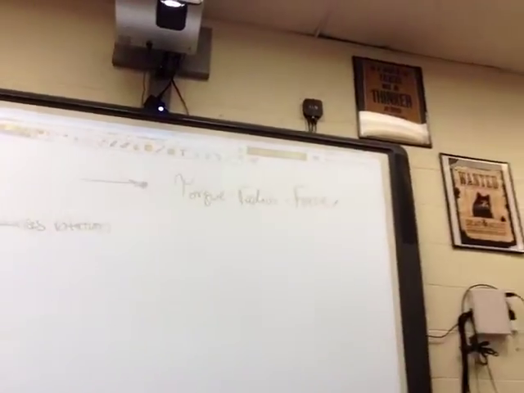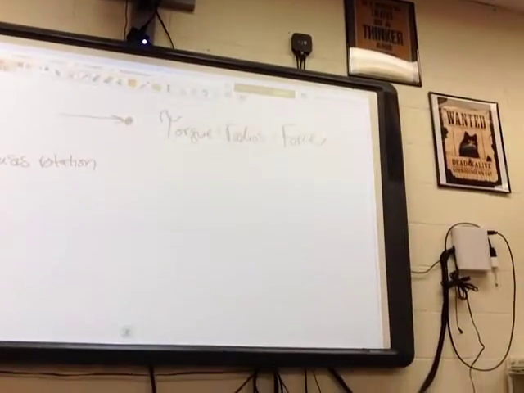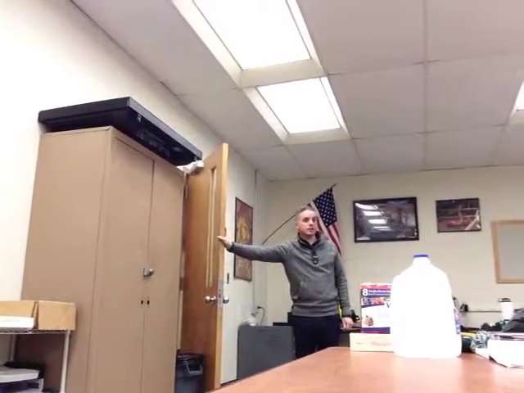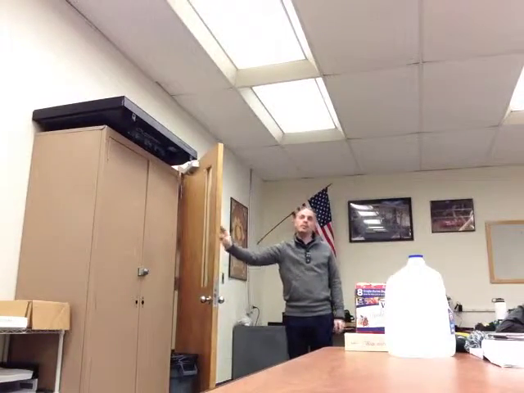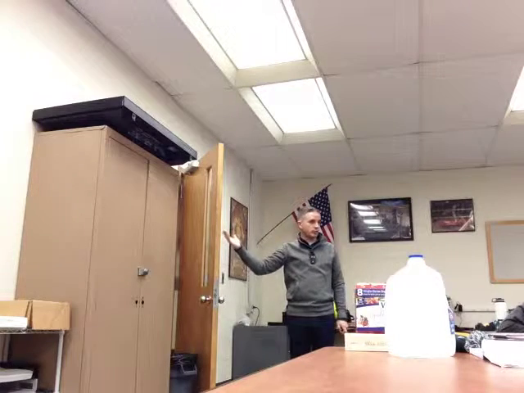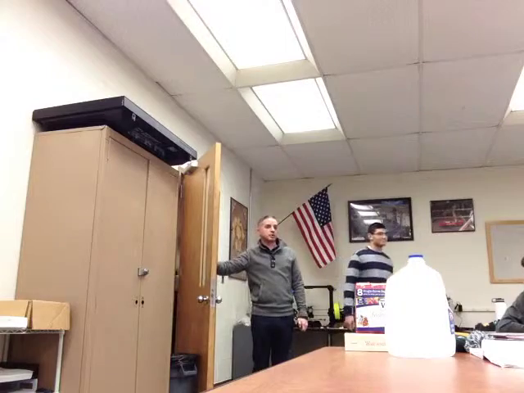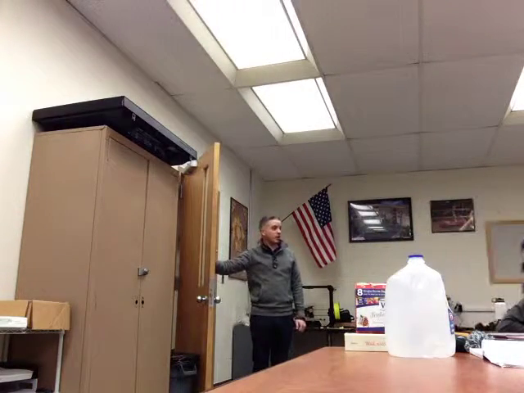Now, when we push on a door, usually we push on it like this. So if our radius is here, and we push this direction, we're pushing perpendicular to the door. Perpendicular to the radius is what we really should say. Now, we can open it by pushing at an angle, but it's a lot harder.